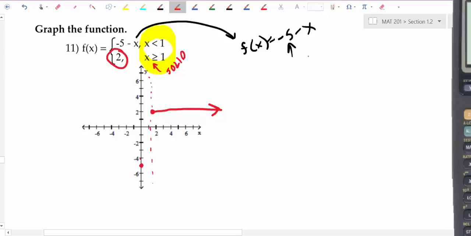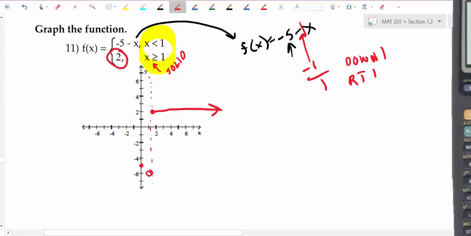And then what's the slope of this line? It's the number in front of x, so it's negative 1 over 1. It's rise over run. That would tell you that you go down 1, and then you go to the right 1 like that. So what I'm going to do is I'm going to go from the y-intercept, down 1, right 1, and then I'm going to put a bubble there.